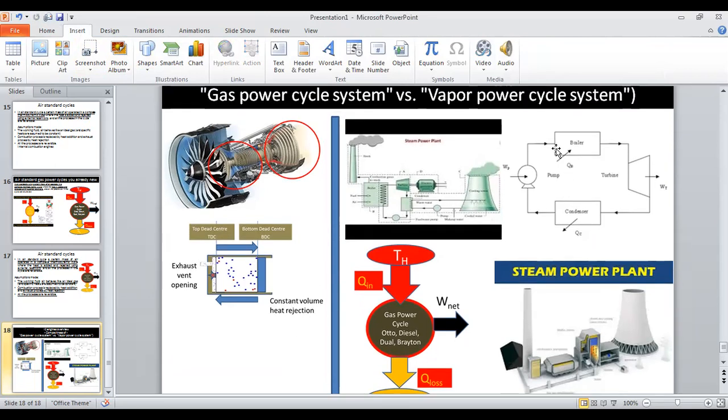So this is vapor power, and the Rankine cycle, as I mentioned, is related to the vapor power cycles. Last time we discussed this and explained it very well.